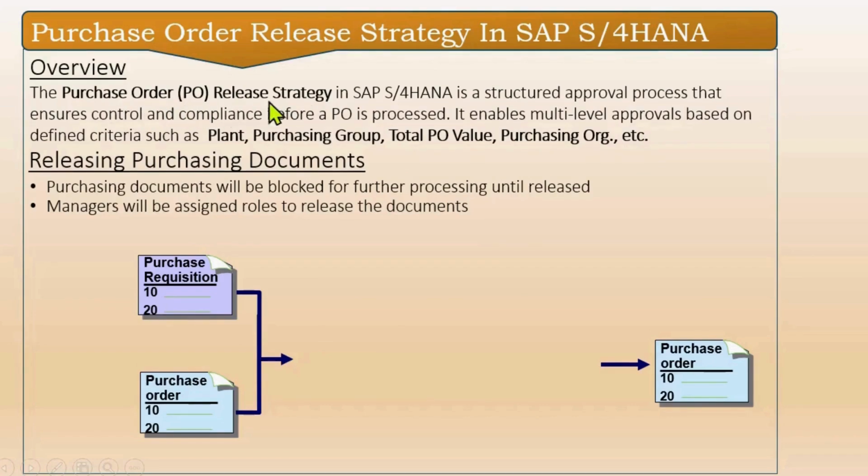The purchase order release strategy in SAP S4 HANA is a structured approval process that ensures control and compliance before a PO is processed. It enables multi-level approvals based on defined criteria such as plant, purchasing group, total PO value, purchasing organization, etc. There are several documents in a company where they require the approval process.